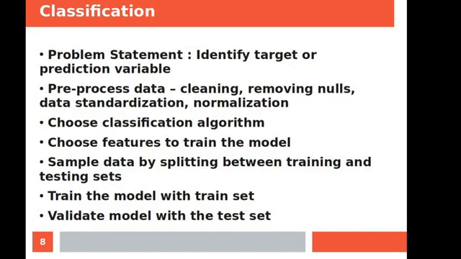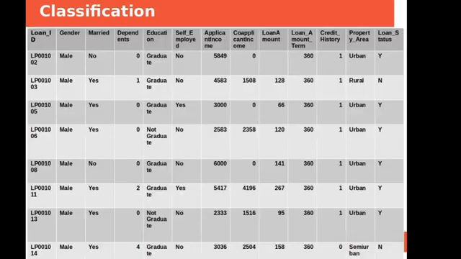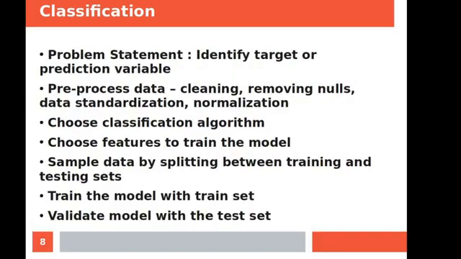Then you will choose a classification algorithm, which I will talk about later, and then you will choose the features or attributes to train the model. As I said before, for example in the credit risk file, the loan ID will not have any impact on the loan status, so it's better to drop it. This means I don't need this attribute to play a role in my classification algorithm.